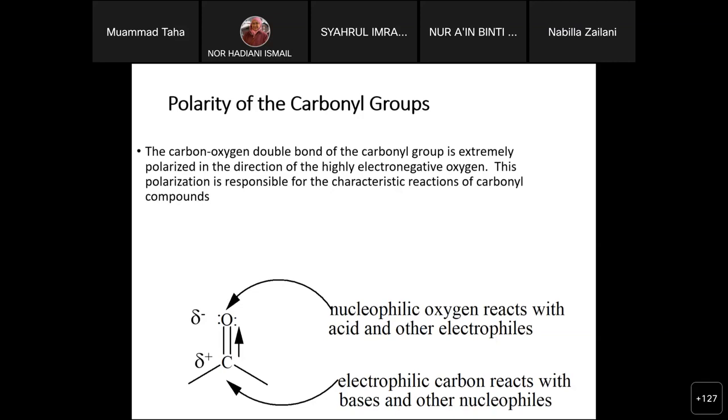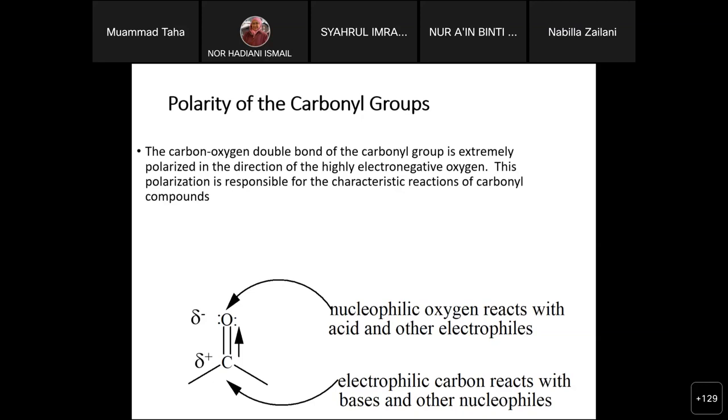Then what happens when the more electronegative atom shares electrons with the less electronegative atom? The more electronegative atom pulls the electrons towards itself. So the carbon becomes slightly deprived of its own lone pair, which is shared by the oxygen.